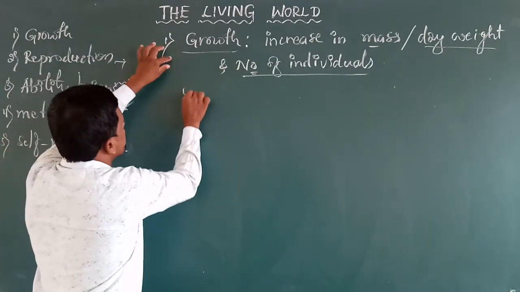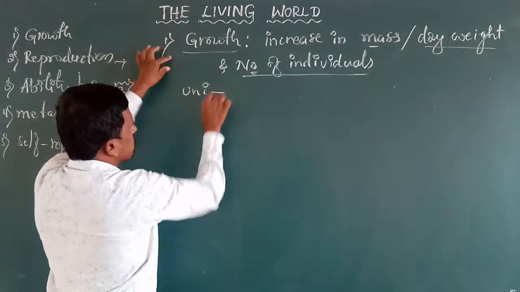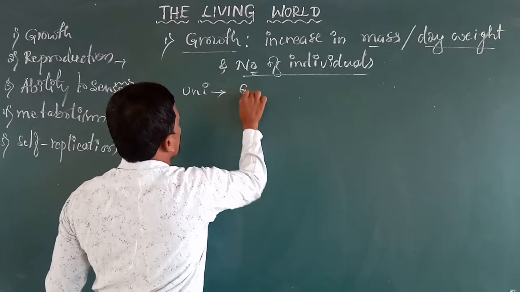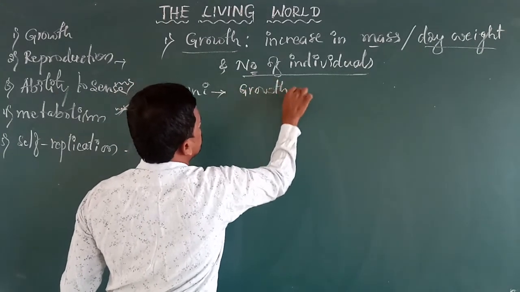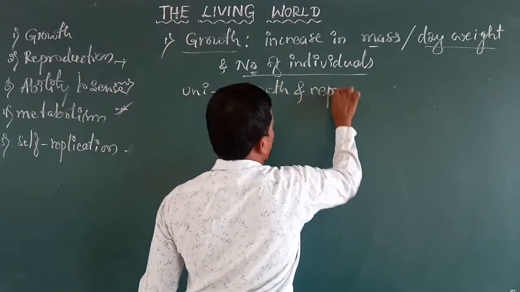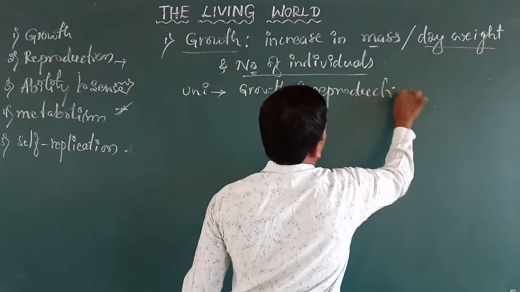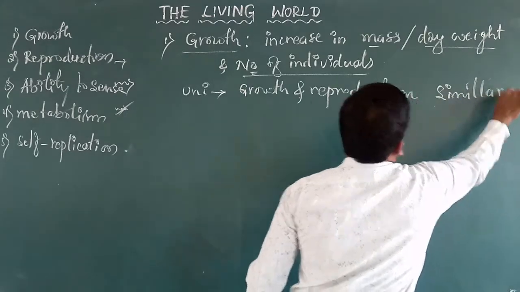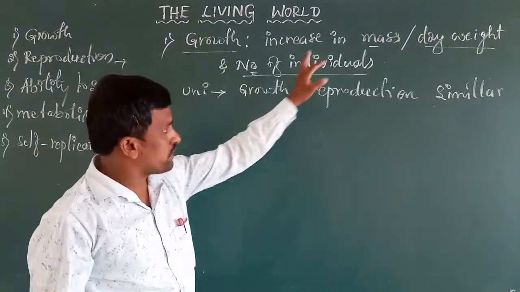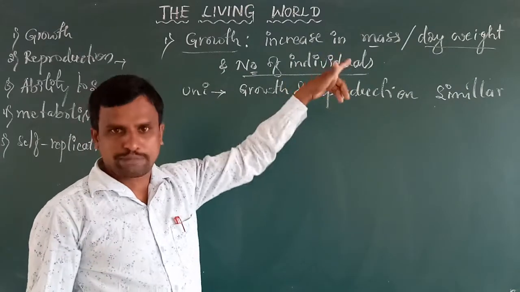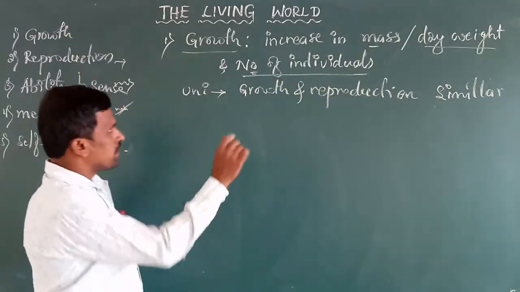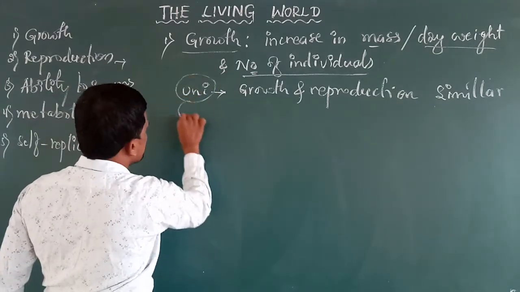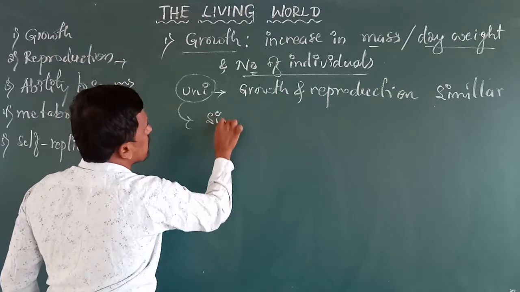In unicellular organisms, growth and reproduction are similar, or synonymous, because a unicellular organism is made up of a single cell.